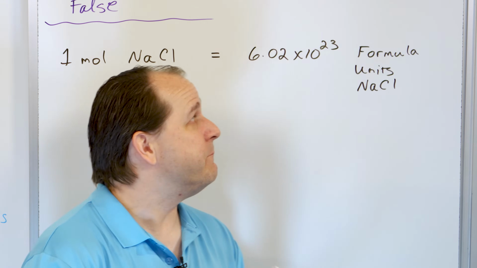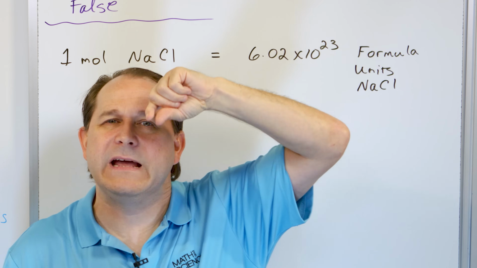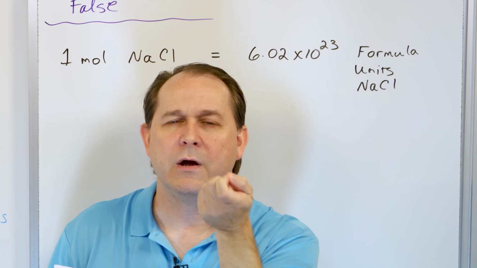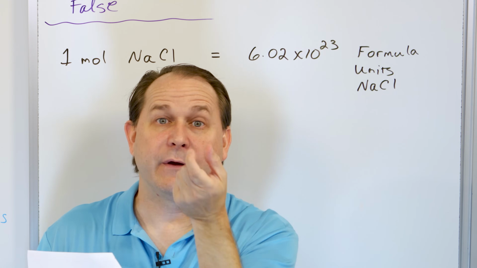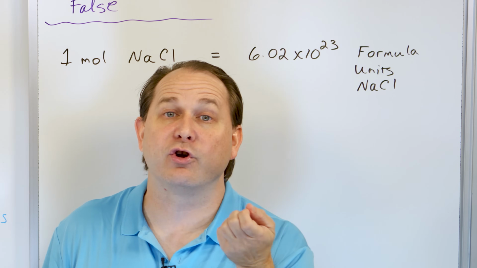I would have 6.02 times 10 to the 23rd groupings of NaCl, because that's the formula unit, the fundamental ratio of sodium to chlorine, 1 to 1.